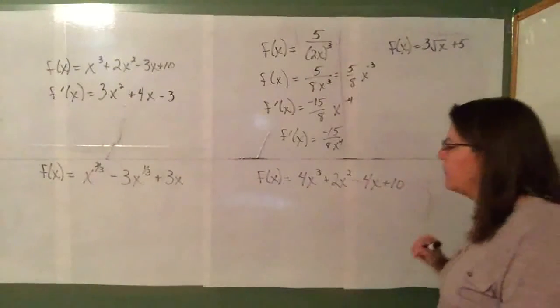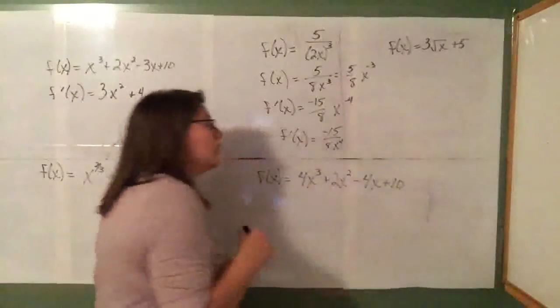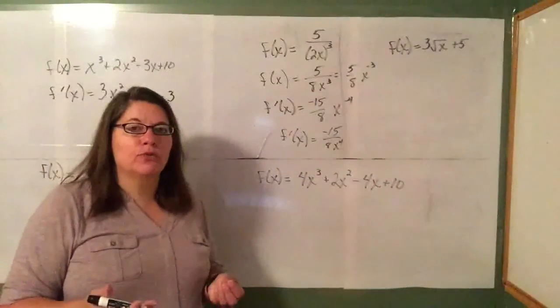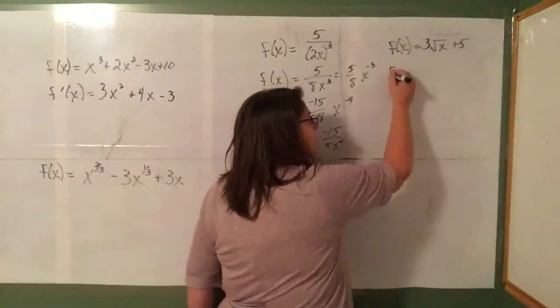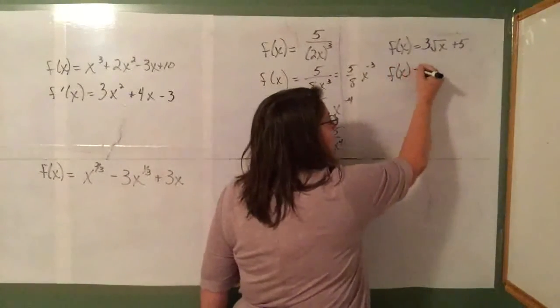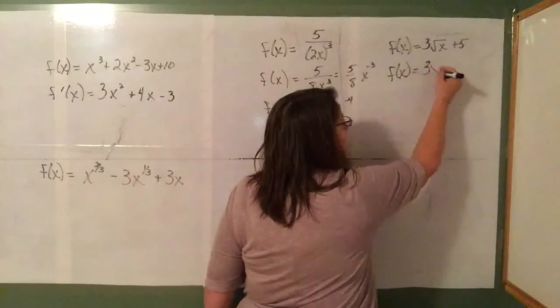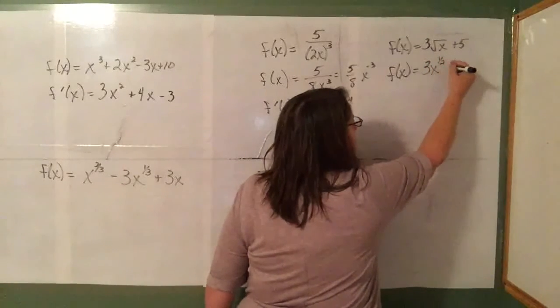For this one, I'm going to rewrite that one first. So still with the sum and difference rules, you do still have to rewrite your function sometimes. So if I do that, I have f of x equals 3 times x to the 1/2 plus 5.